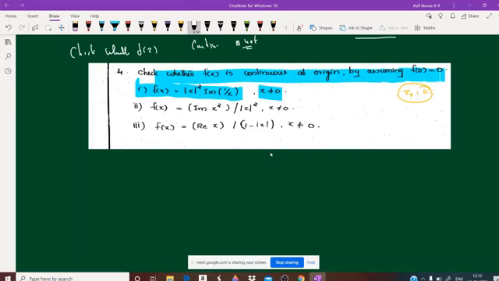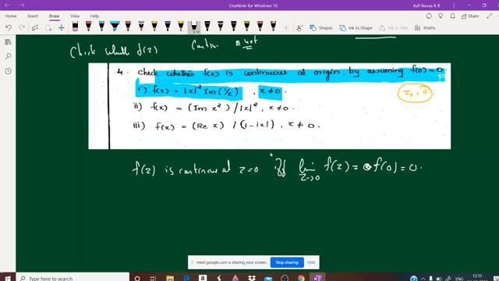We know that f of z is continuous at z equal to 0 if and only if limit z tends to 0 of f of z is equal to f of 0, then the function is continuous. Here f of 0 is equal to 0.